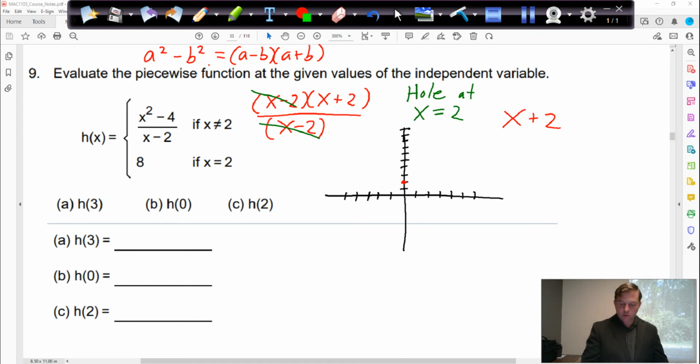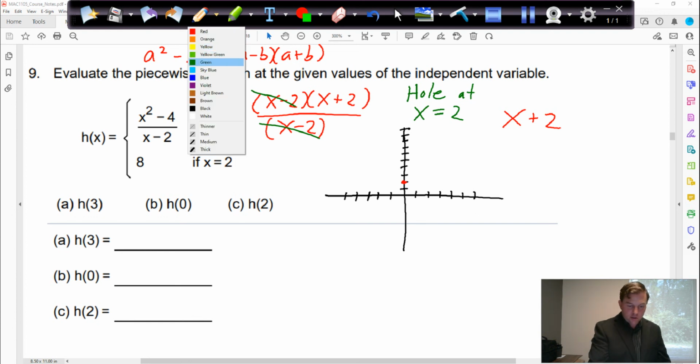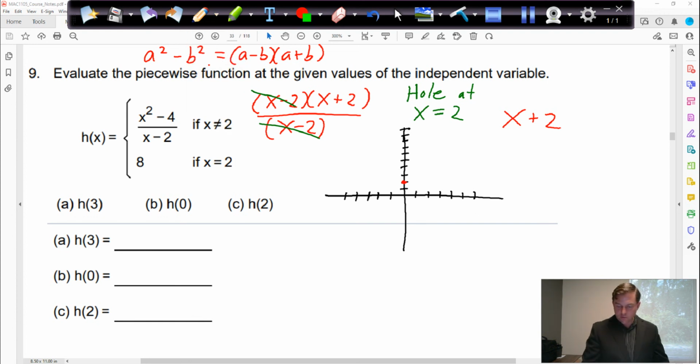So I go up 1, right 1, up 1, right 1. Let's pick a number here and just calculate. Let's say x is 4, then 4 plus 2 is 6. Here's 6. So I have another dot right here. Let's try 2, because 2 is the problem child. At 2, this function should have given me 4. But instead of a filled-in dot, I get a hole.